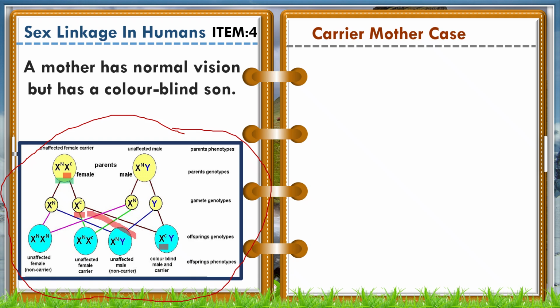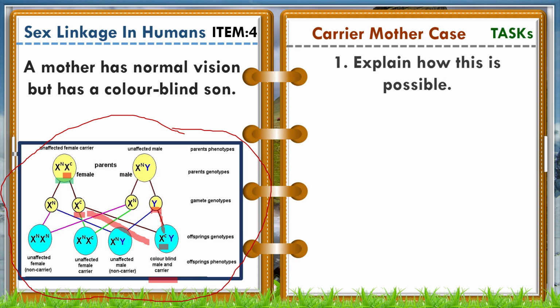And when she passes it over to the boy, he will get the Y chromosome from the father. And this boy is going to become a colorblind male. Task. Explain how this is possible.